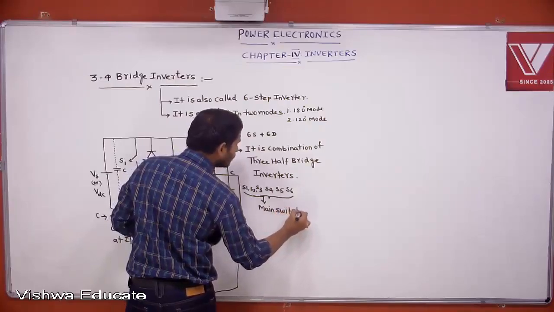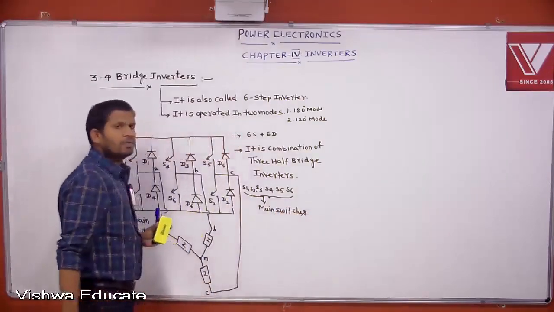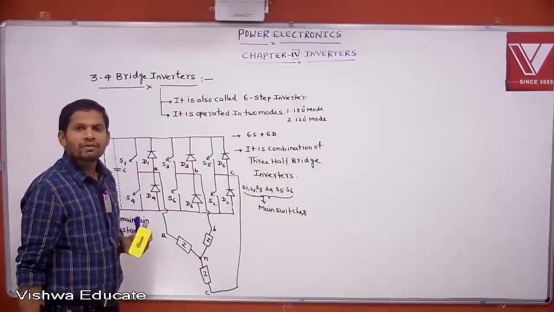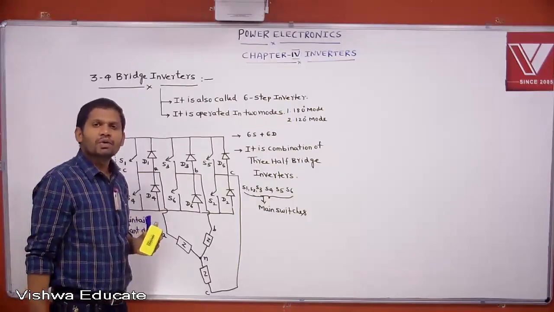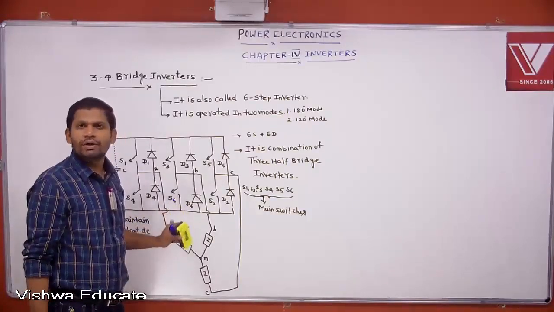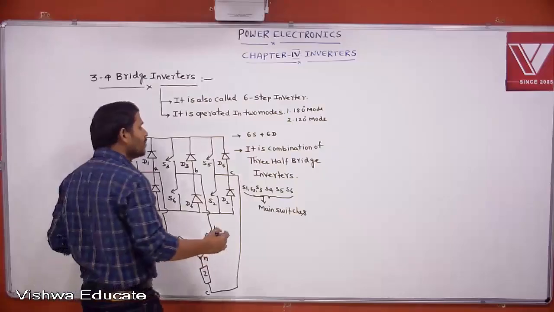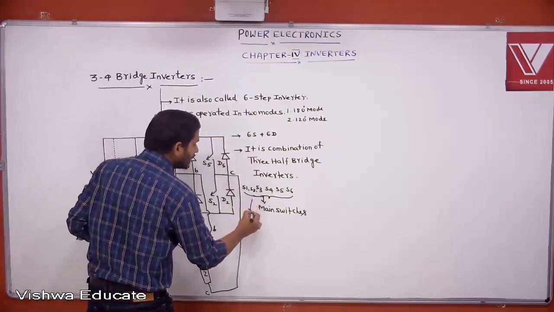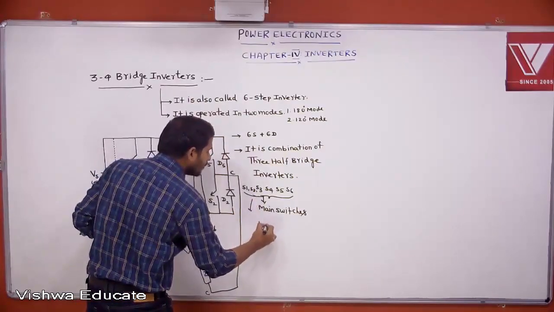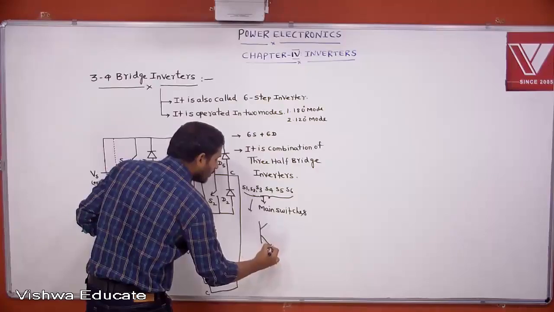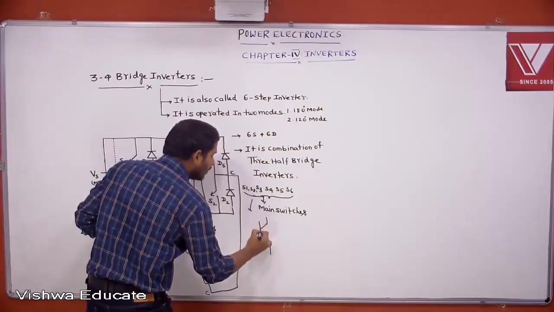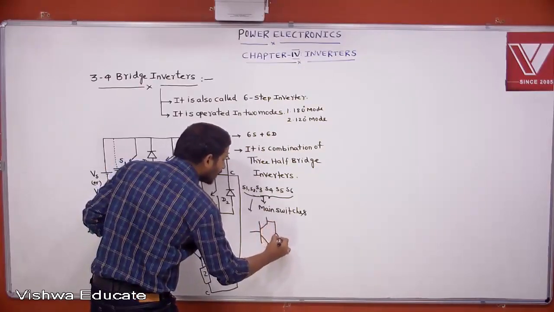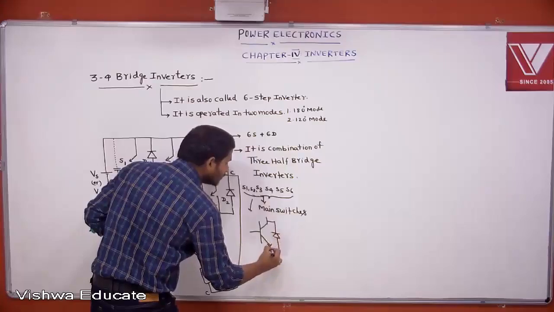We know that devices having bidirectional capability are used in the voltage source inverter. One example is a BJT with an anti-parallel diode.